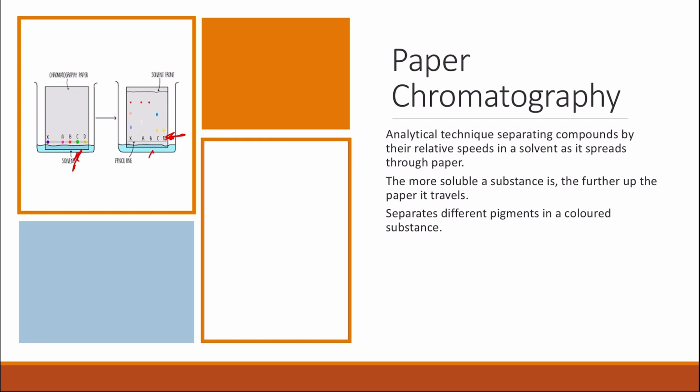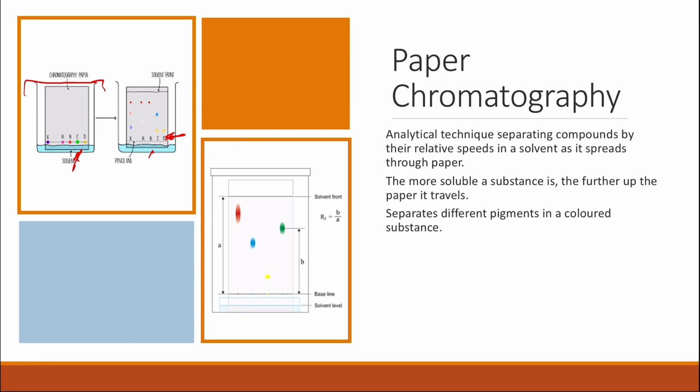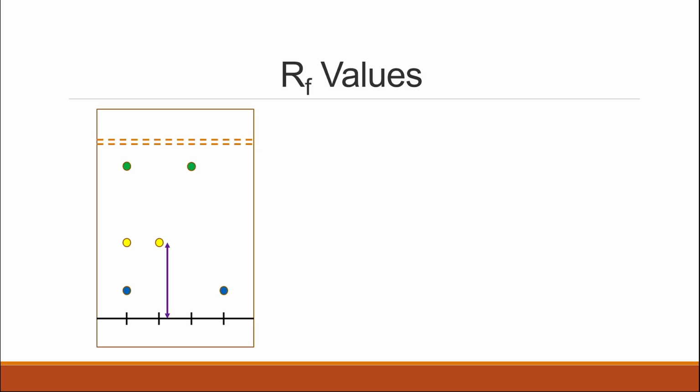You need to cover the beaker to make sure that the solvent doesn't escape, and then you leave the paper in the solvent, where the solvent will travel through the paper, carrying the different spots and separating the different components of the mixture, as each component will have different solubility in the solvent and will travel a different distance.